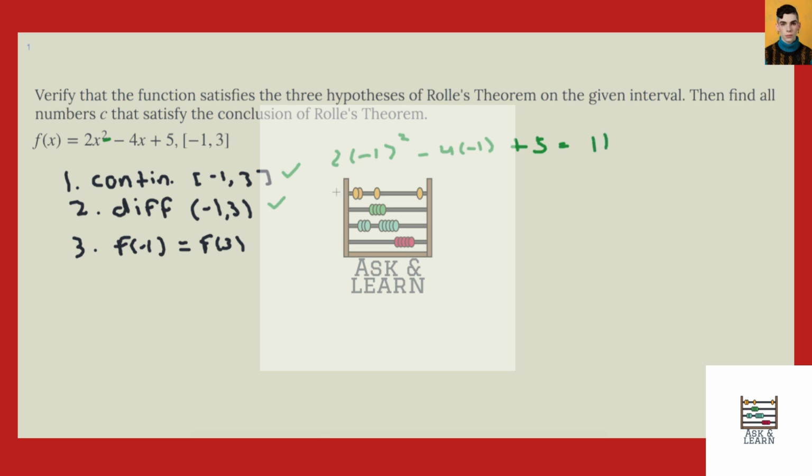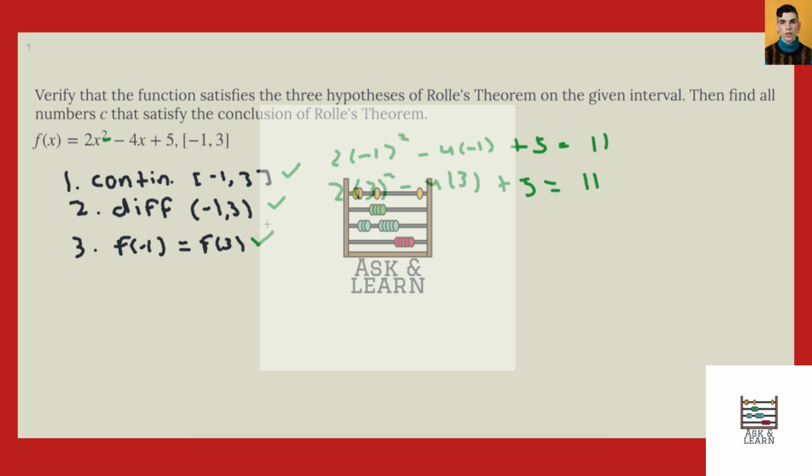And if you do the same thing for 3, so now you plug in 3, so 2 times 3 squared minus 4 times 3 plus 5, it also gives you 11. So we know that f of -1 equals f of 3. It's also a true statement.